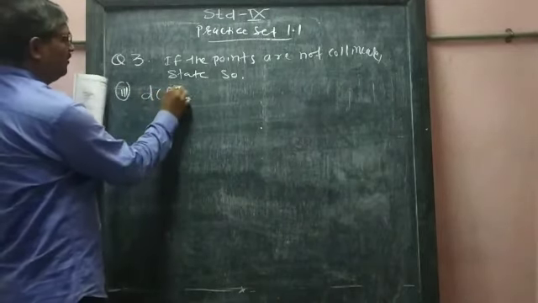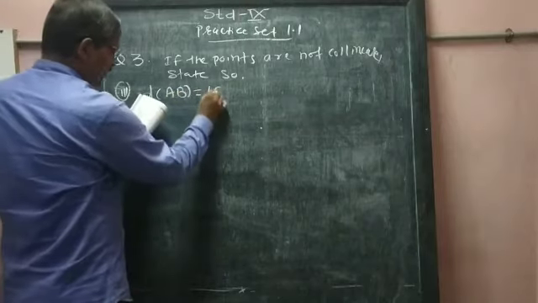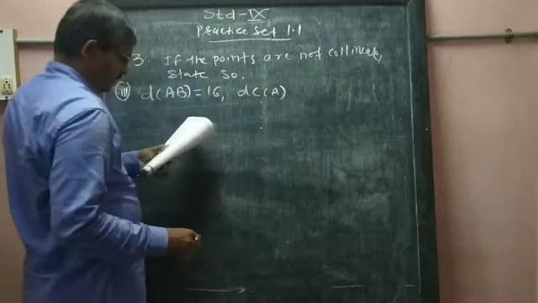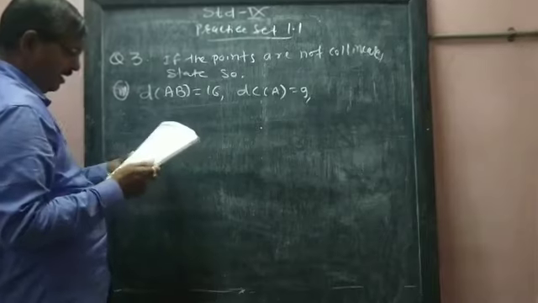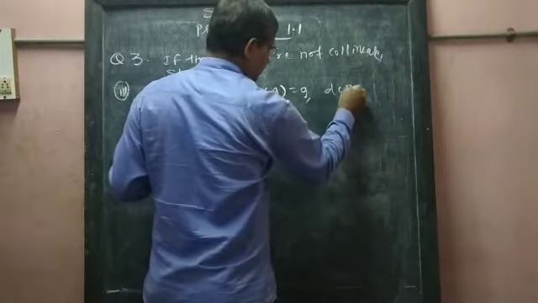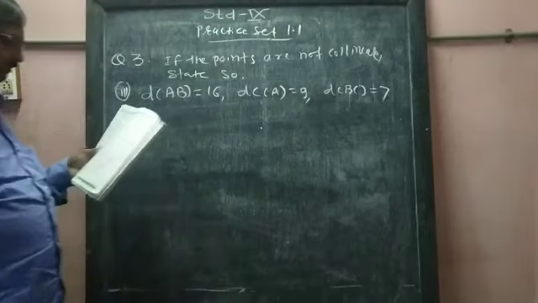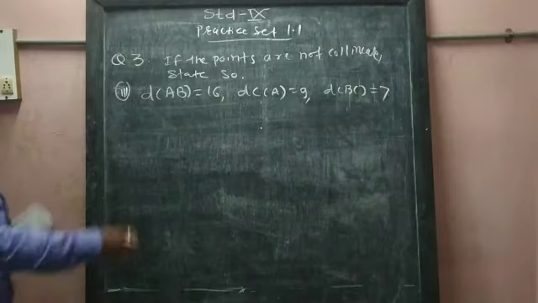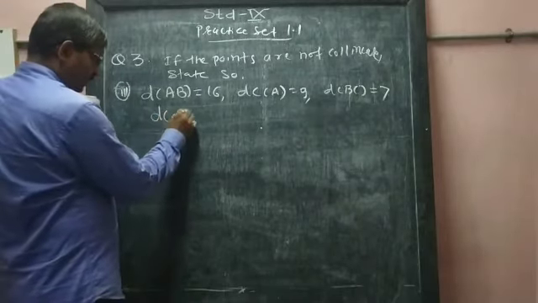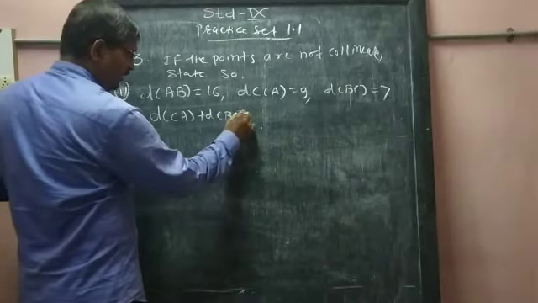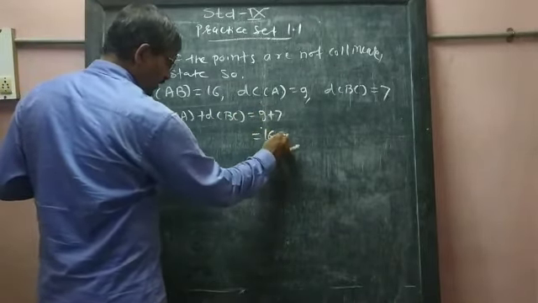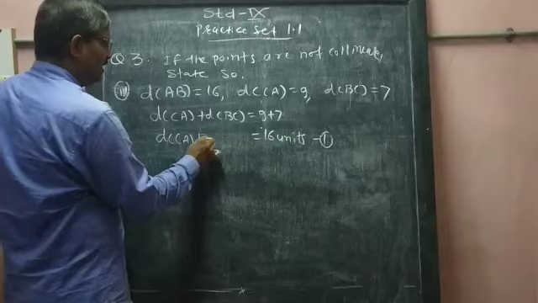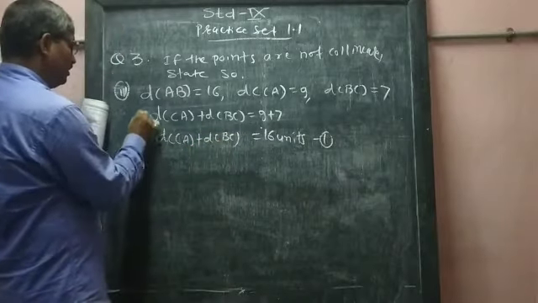Now distance AB is equal to 16, given. Distance CA is equal to 9 and distance BC is equal to 7. Which are the two smaller distances? Take first: distance CA plus distance BC is equal to 9 plus 7, which is 16 units. This is equation number 1. I am not being lazy, I am writing all this here; you should also write.